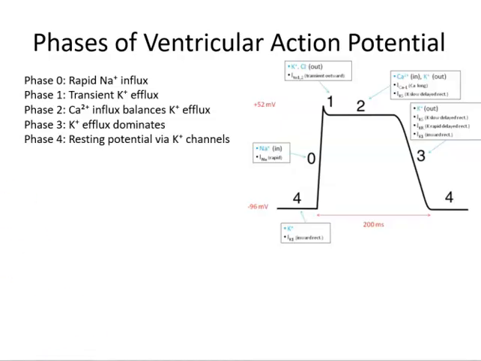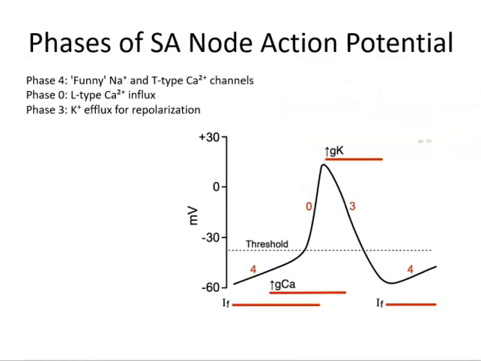Okay, and now moving on to the phases of the SA node action potential. Here we have a few less phases. This is referred to as the heart's pacemaker, the SA node, and it has a unique action potential. At phase 4, this is a pacemaker potential.